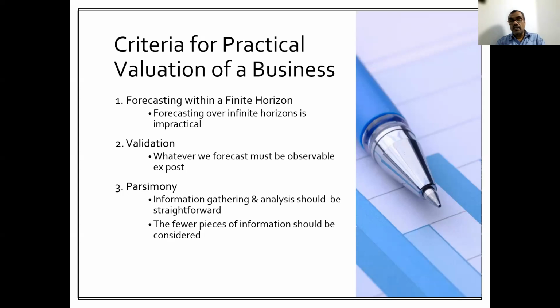This parsimony concept has been derived from the idea that sometimes when we try to do something, we are bothered about all the information, each and every piece of information, no matter how significant it is. As long as it is relevant, you may collect.